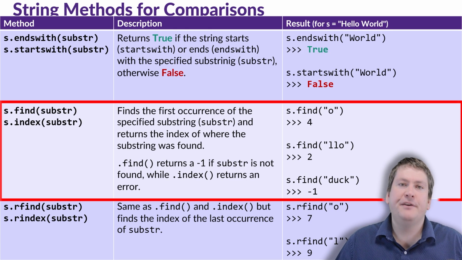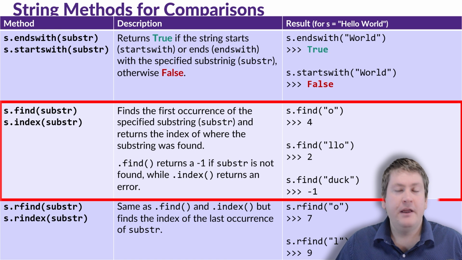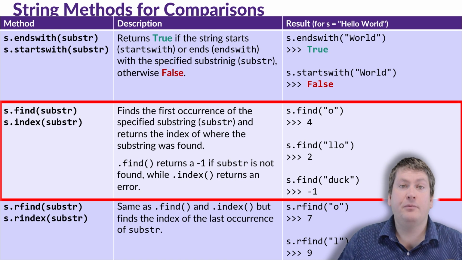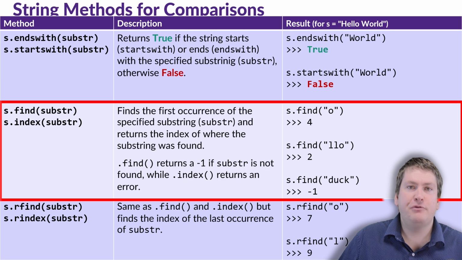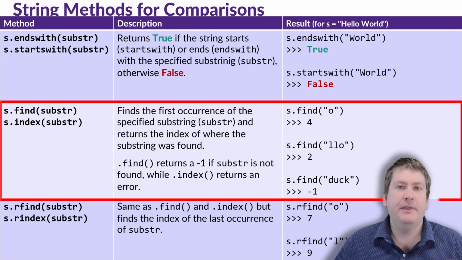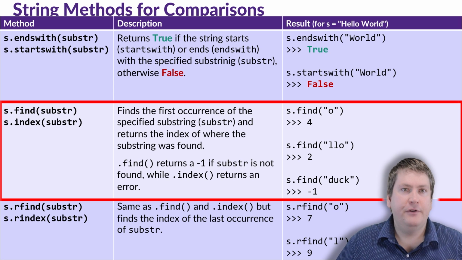Now, there is a small difference between find and index, and that's how they deal with this special case. Find returns -1 if the substring is not found, whereas the .index method will return an error message. So if you want your program to give an error when you can't find the substring, use index. If you want it to return -1 and that you can deal with that, you use .find.